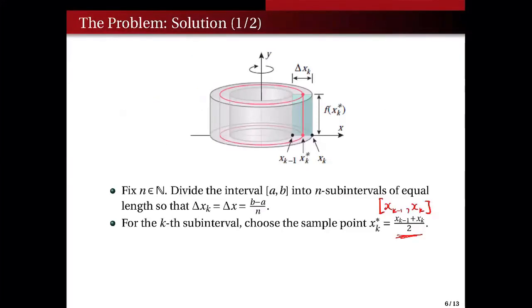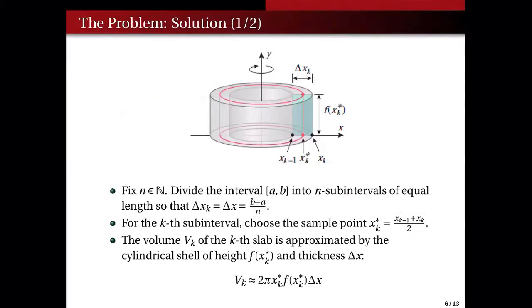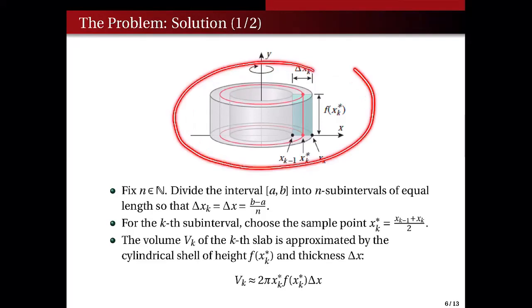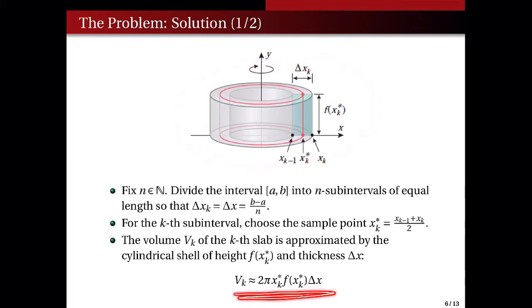So we choose now our sample point, and then the slab that we will create after the revolution is a cylindrical shell. The volume of this cylindrical shell, according to our computation, is equal to 2 pi times x sub k star.